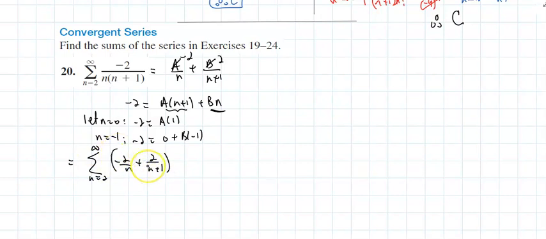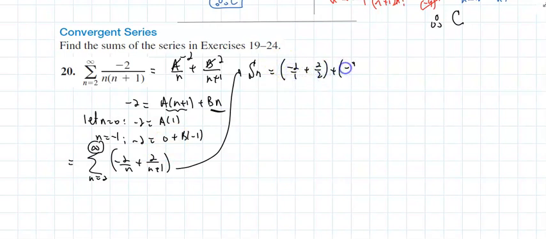And if I use telescoping, that is, if I look at s sub n, not to infinity, I'll look at the very first term, negative 2 over 1 plus 2 over 2, then negative 2 over 2 plus 2 over 3, plus, and just like we said in class, you don't have to list that many if you are comfortable with this.